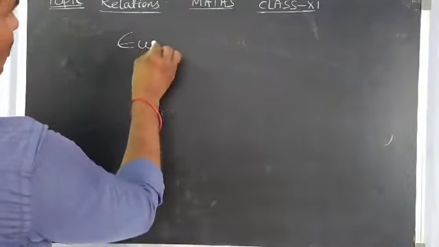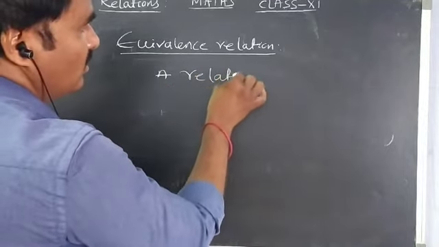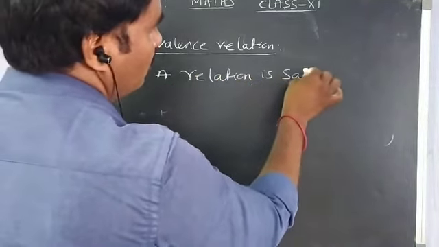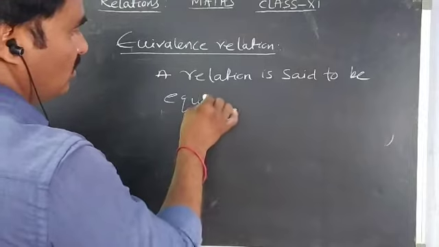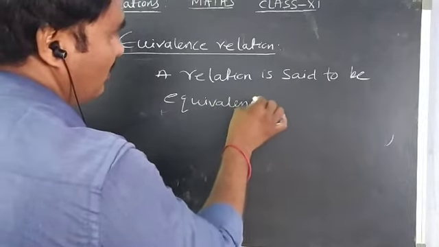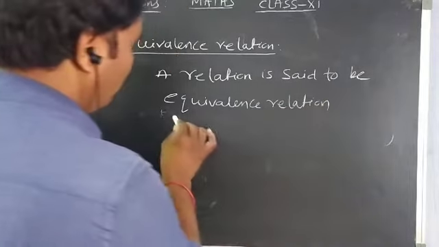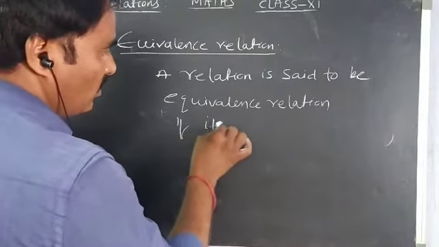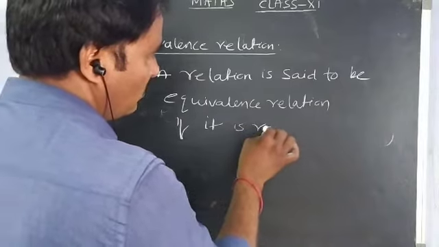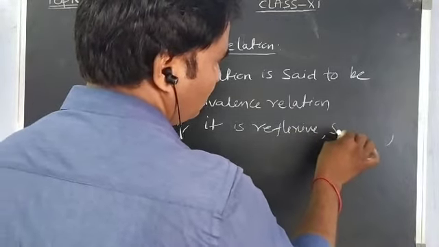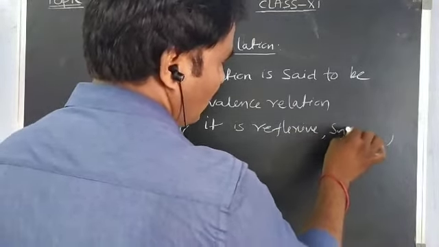A relation is said to be an equivalence relation if it is reflexive, symmetric and transitive.